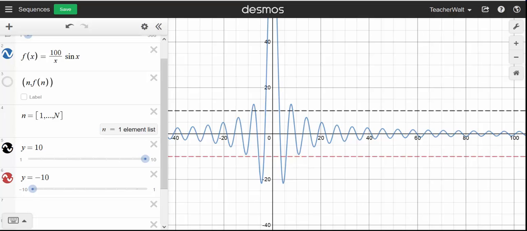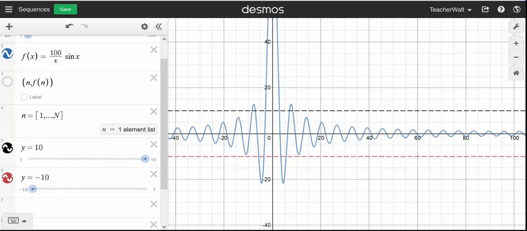We're going 0 plus 10 and 0 minus 10, and we get these two horizontal lines. Notice that every value of the function, as we go out here, is contained between those two horizontal lines. Every value.